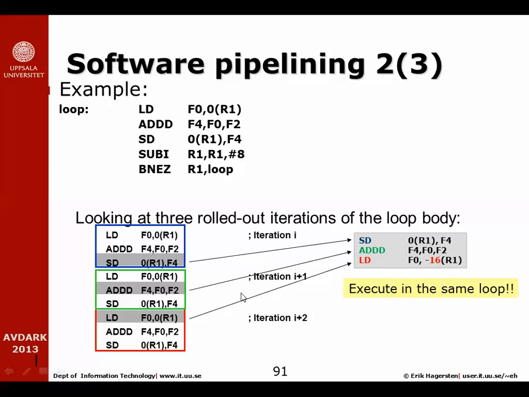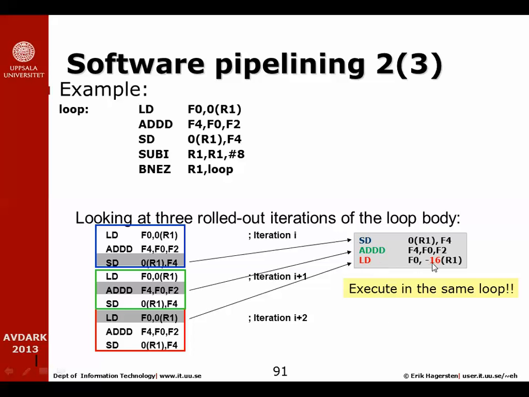Well, if I'm going to execute this in the same loop, I know that x sub i plus 2 is going to have an address which is 16 lower than the x sub i element. Since I want to mix the red instruction from iteration i plus 2, I have to take that into account.